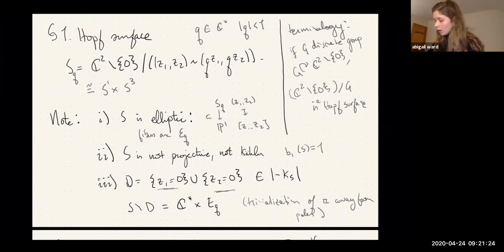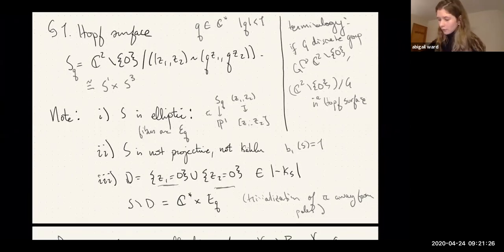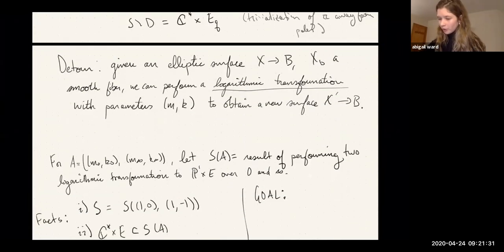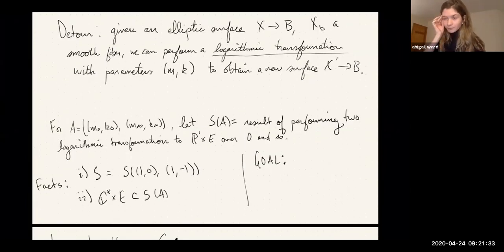Okay, so the next slide is a little bit of a detour, but I did put it in my abstract, so I want to mention it. The Hopf surface can be thought of as a quotient of C squared minus 0, but maybe that looks ad hoc or like a coincidence. But in fact, this fits into something we understand fairly well through the complex geometry of elliptic surfaces.